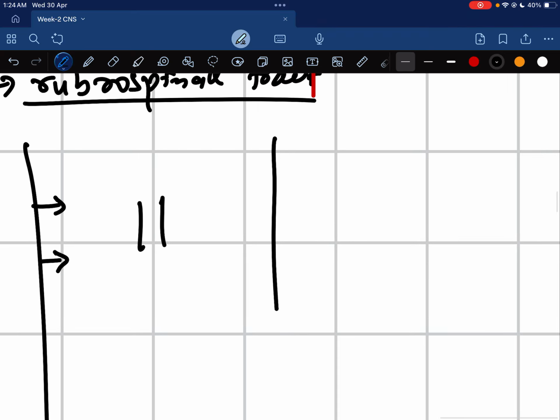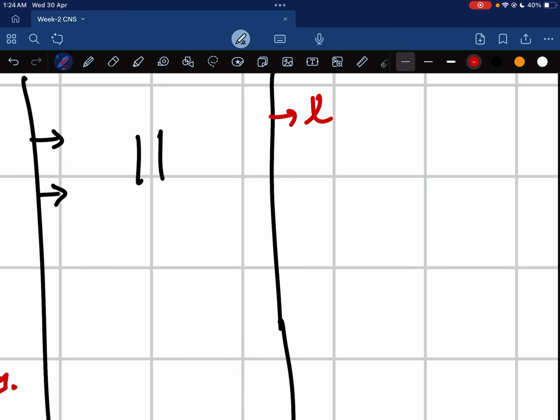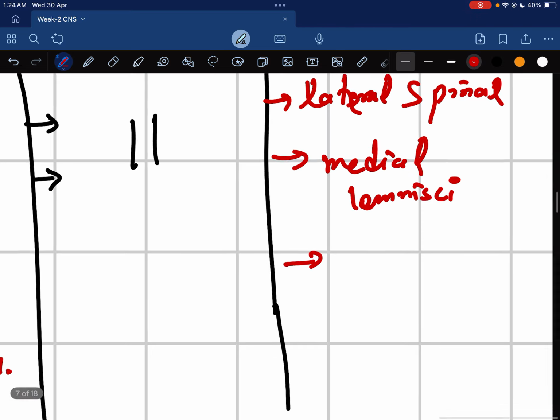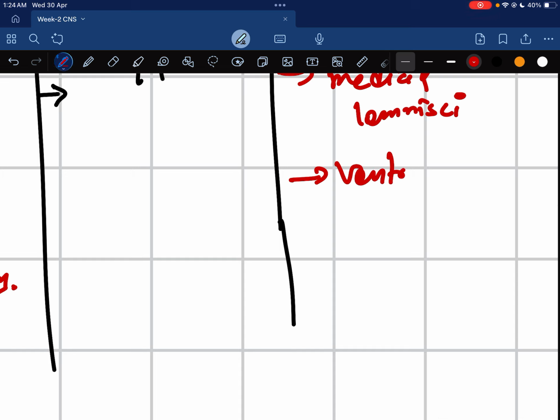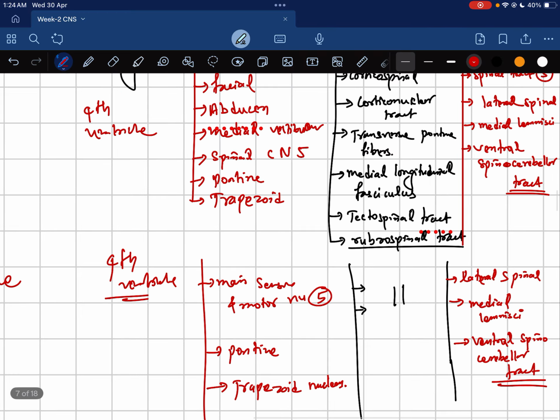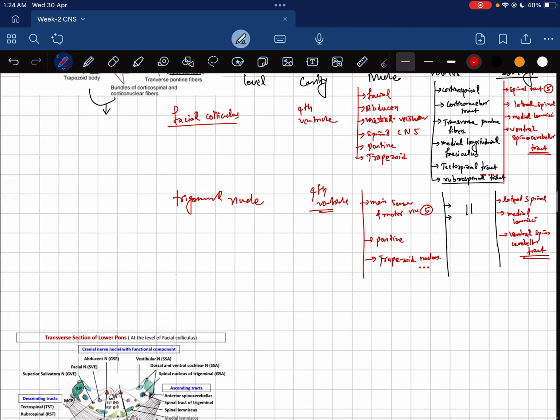And for the ascending, for the sensory, there is the lateral spinal lemniscus, then the medial lemniscus, then the ventral spinocerebellar tract is present. So we can look at this image.